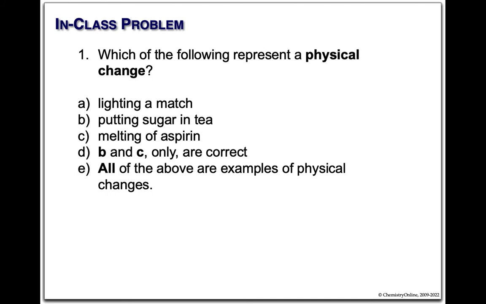Well, when you're done, what do you have? Sugar and tea. Homogeneous mixture. It's a mixture. Melting of aspirin. Yes, aspirin really is a chemical compound, and you can melt it. But it's still aspirin. Just change state. B and C are both correct.